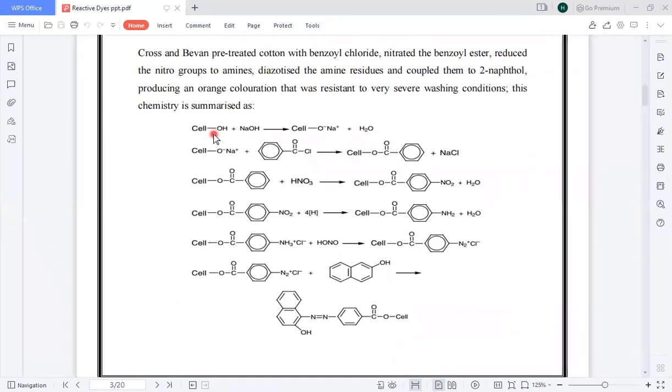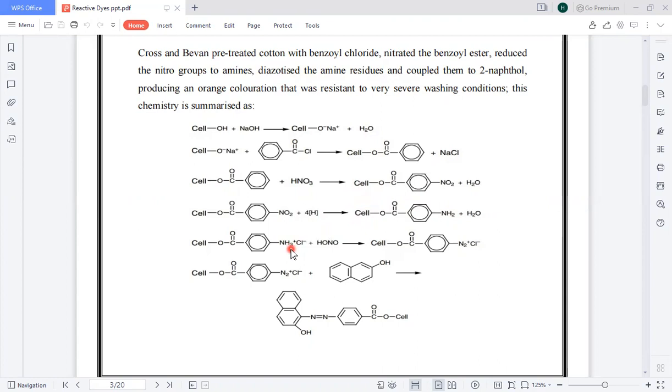The first step is the reaction of the cellulose material with the alkali sodium hydroxide, in which the sodium cellulosate anion is formed. In the second step, the sodium cellulosate anion is treated with benzyl chloride. That will result in the benzyl ester formation. Then the benzyl ester is nitrated by reacting with HNO3, nitric acid, and the resulting compound is reduced to amine, as shown here. Then the amine is diazotized.